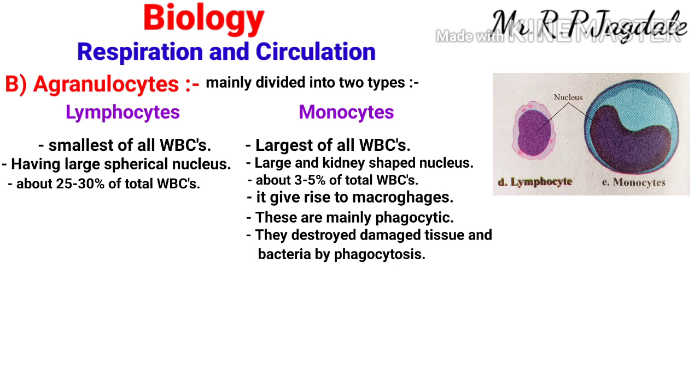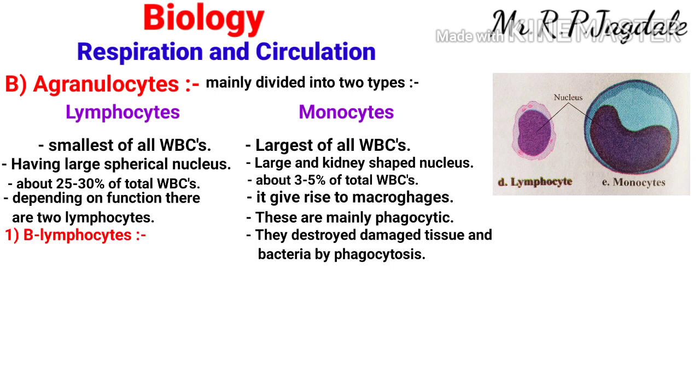Now lymphocytes are again divided into two types: B lymphocytes and T lymphocytes. Why are they called so? First we will see the B lymphocytes. B lymphocytes mature in the bone marrow.